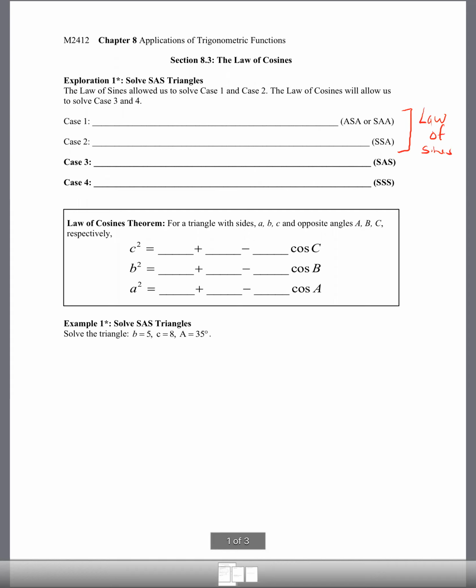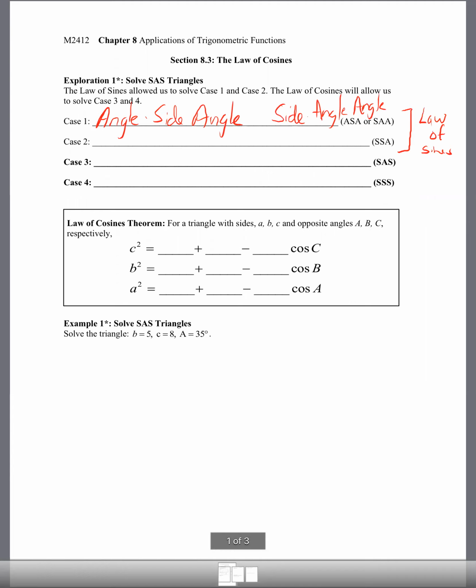This is where we either had an angle with a side in between it and another angle, or we had a side with two angles. In this case, the side was not included between the two angles.